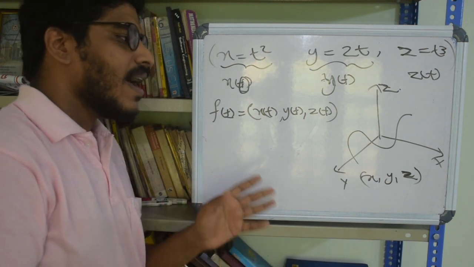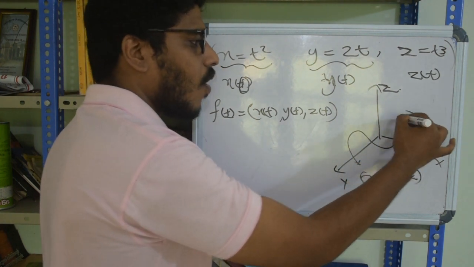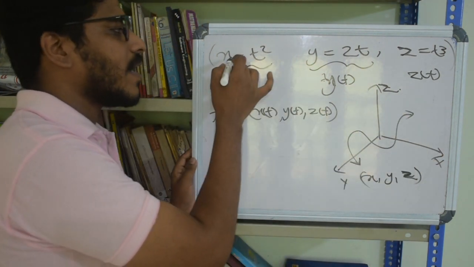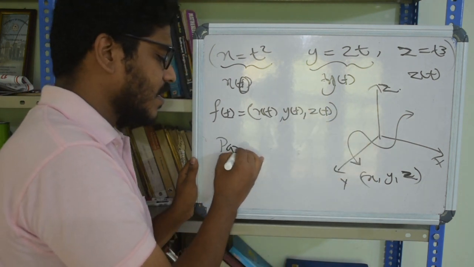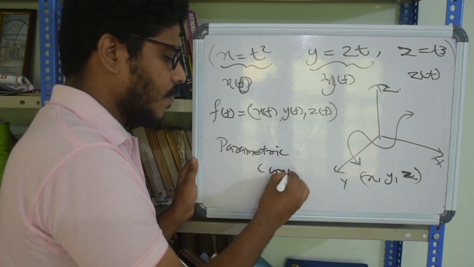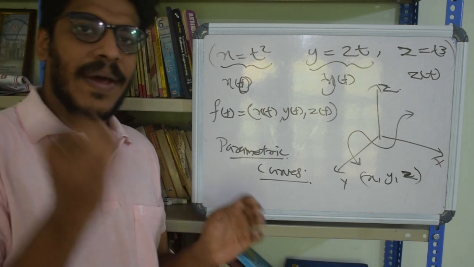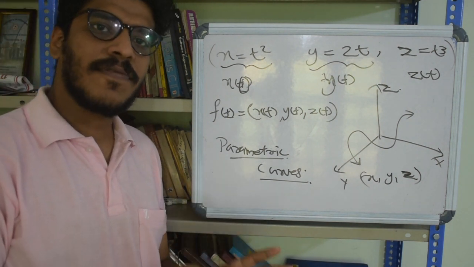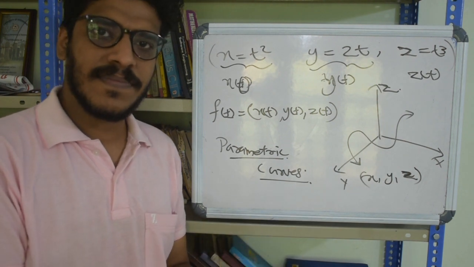The curve drawn by such parametric equations is called a parametric curve. So in layman's sense, parametric curves are the curves determined by parametric functions.